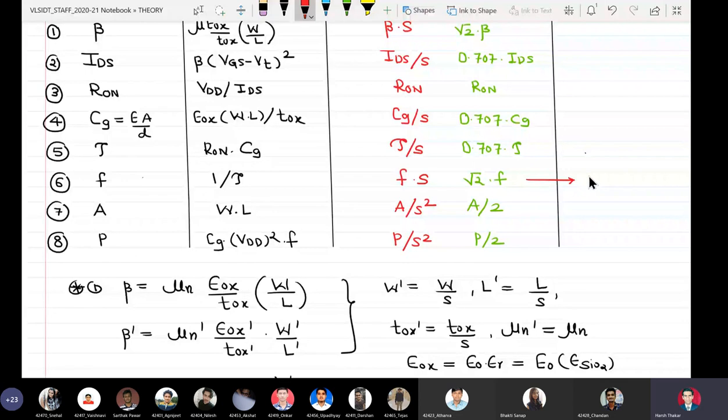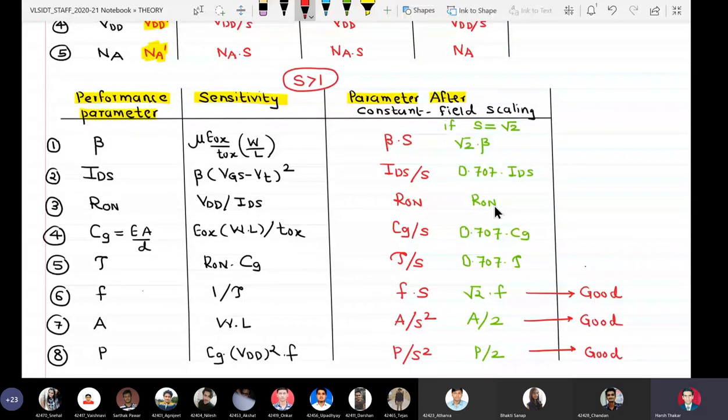In speed it is good, in area also it is good, power also it is good. That means I am getting the benefits in speed, area and power if I resort to constant field scaling.